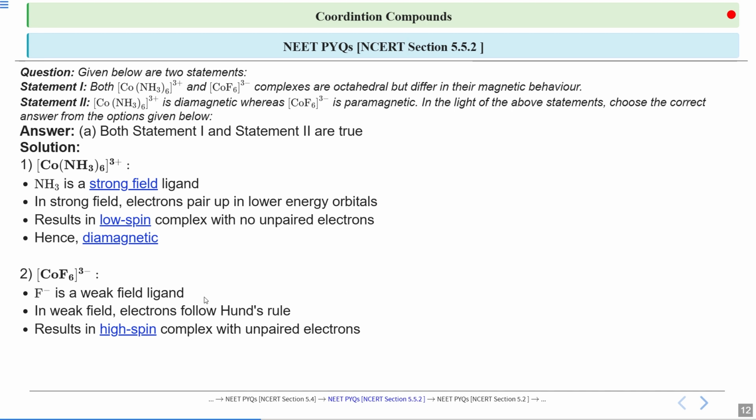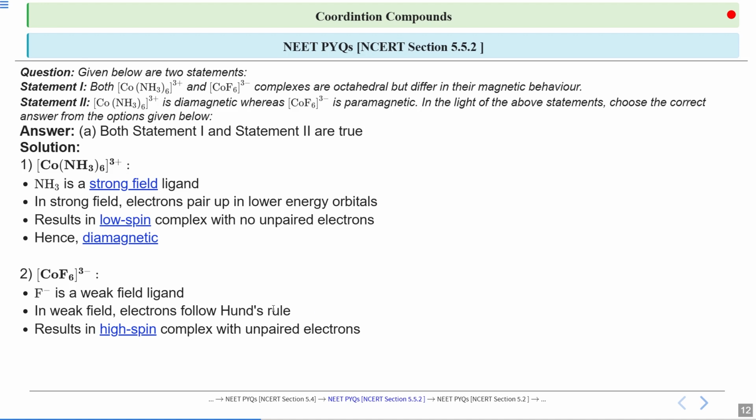Because in the weak field, this higher energy gap will not be available between the two degenerate orbitals, so the electron can easily fill up the higher energy orbitals, right, following Hund's rule. And then pairing will start only when all the available orbitals get filled up singly, right? So due to this, we are going to get a high spin complex with unpaired electrons.